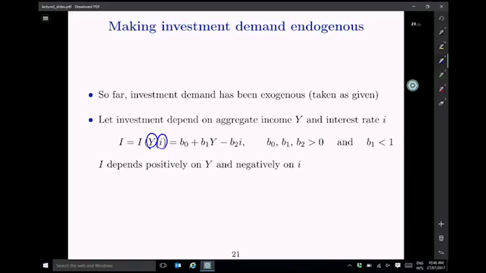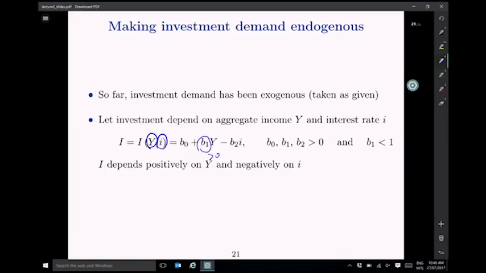That's the kind of argument behind b1 being bigger than 0. That is, if you know the economy is performing well, it's probably a good time for you to invest because you know that people will buy more, you can sell your product, so let's make more investment. Investment is positively related to aggregate income. In a good economy, you make more investment.